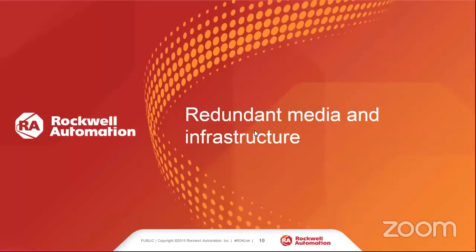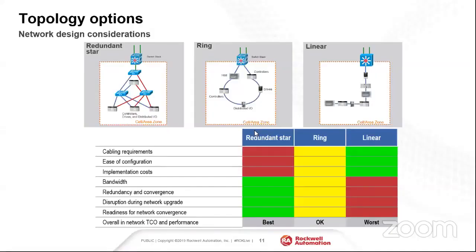With redundant media and infrastructure, here are your basic topology designs. Starting from the left going to the right, you have your redundant star, your ring, and your linear topologies. From the cost perspective, the left-hand side is the most expensive, and going toward the right it gets a little cheaper.